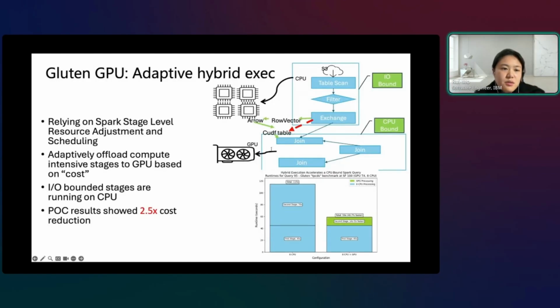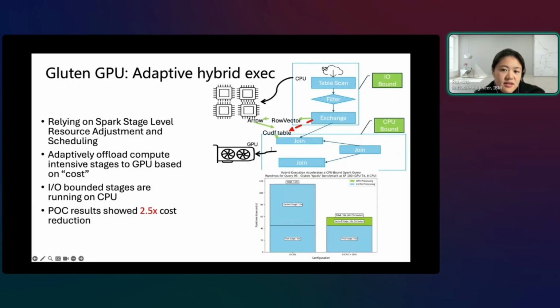This page describes Gluten's adaptive hybrid execution capability using both CPU and GPU. Gluten leverages Spark's stage-level resource adjustment and scheduling.